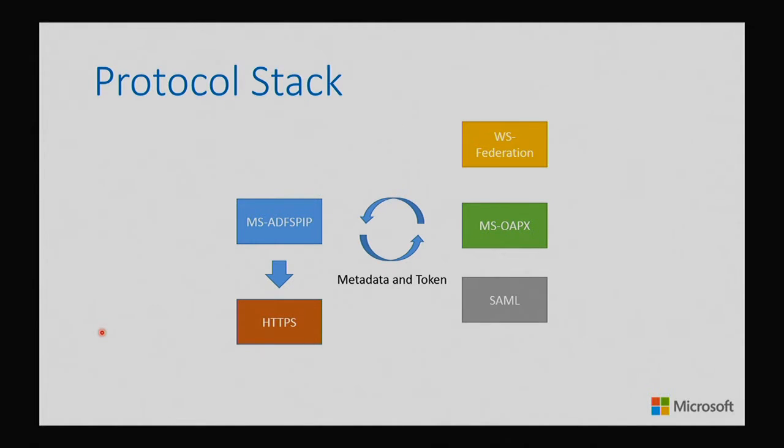But when you implement it, you have to involve protocols like WS-Federation, MS-OAPX, and MS-OAPXBC, because the web proxy needs to parse the security token in the traffic to recognize whether the client side is authenticated or not. It also should be able to sync the metadata from the ADFS.